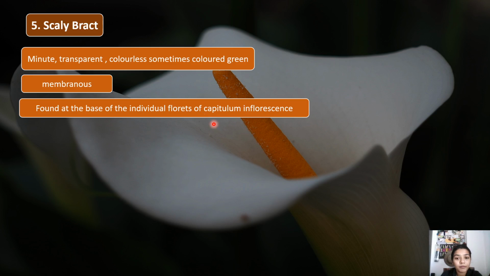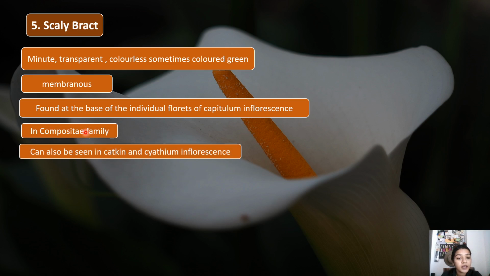If you remember, capitulum inflorescence has ray florets and disc florets. At the base of every individual floret, this type of scaly bract is present, right? This is usually in the Compositae family, but we can also see this in catkin and cyathium inflorescence.